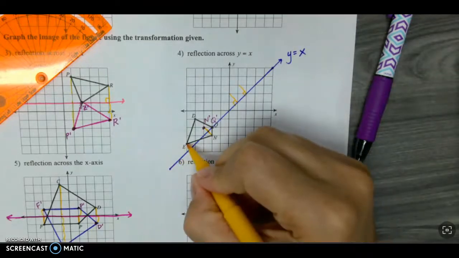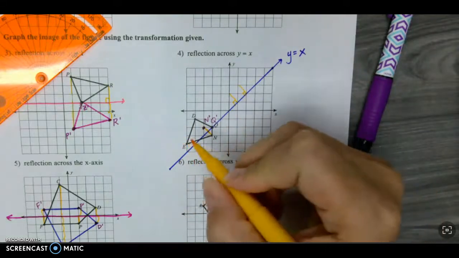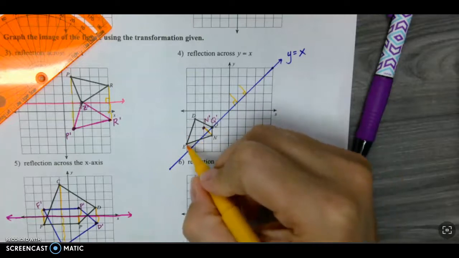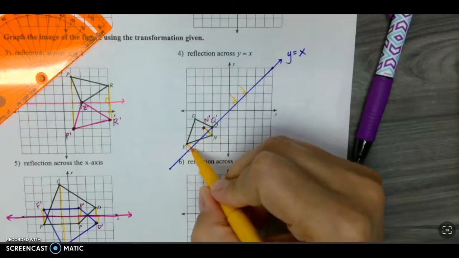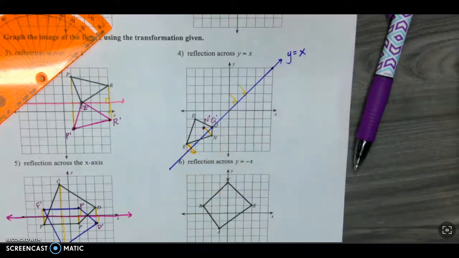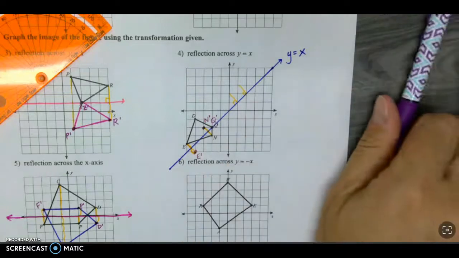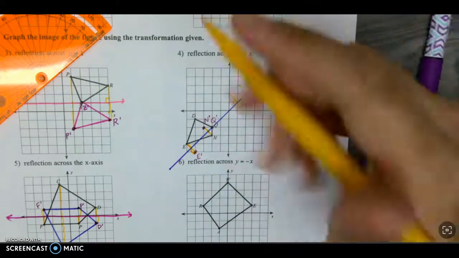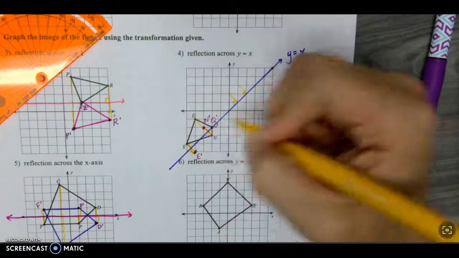Now for E, and it doesn't matter which one I do when, I'm just kind of going easiest to hardest, actually. So now E is kind of above or to the left of the line, and so again, I have to count across the box. Well, to get to the line is half of the distance across, and so to find the image, I have to go half the distance across the box, and here's E prime. Okay, and lastly with D, I have 1.5 units from the line.